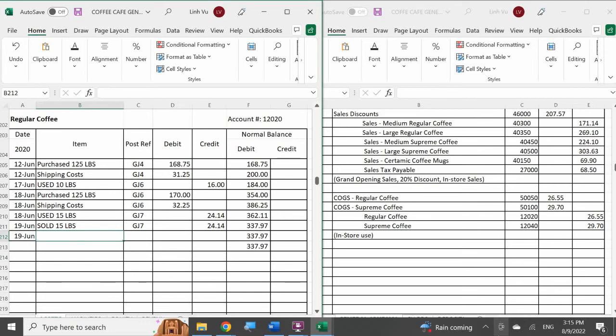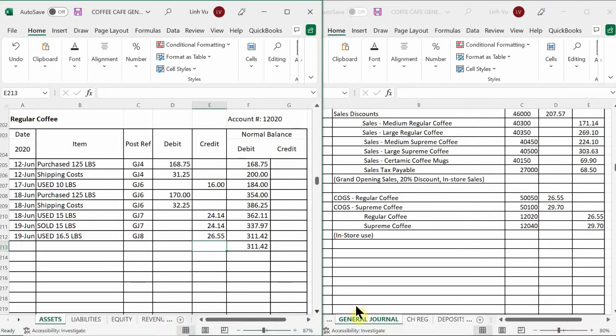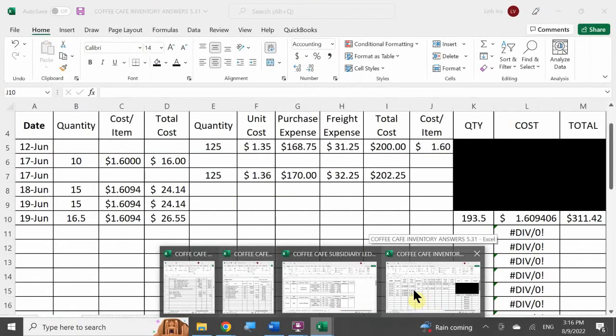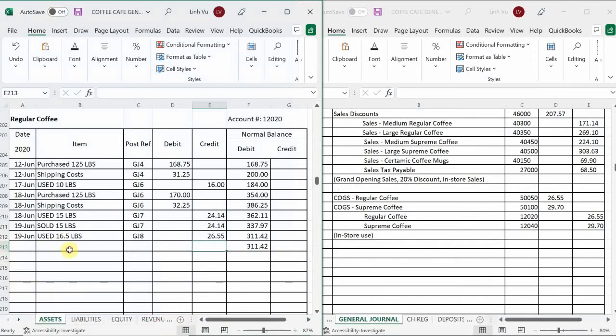We used 16.5 pounds. And it's on page 8. And then it's credit over 26.55. And now grand total is 314.42. Let's double check. Does that match my inventory worksheet? Yes, it does. Good.